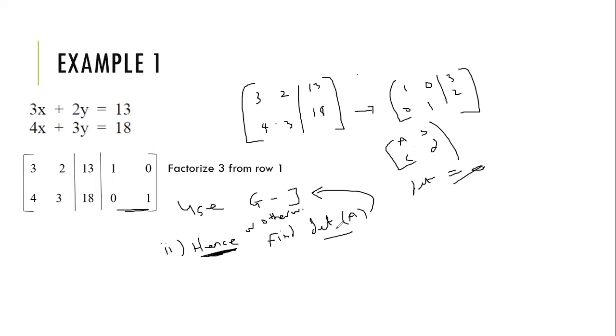But the moment I write hence, then I'm limiting you to the full expansion of the GJ. You have to limit yourself to the Gauss-Jordan method, not any other method.